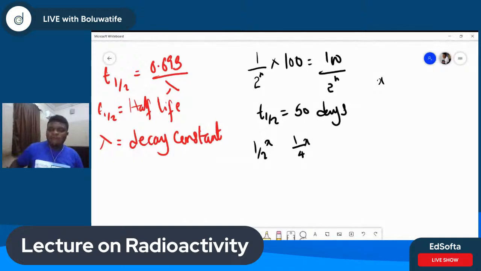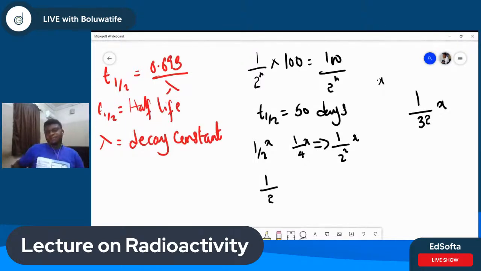So for me to have 1 over 32 of X, what does that mean? As you can see, there's a pattern here. I can write 1 over 4 as 1 over 2 raised to the power 2.